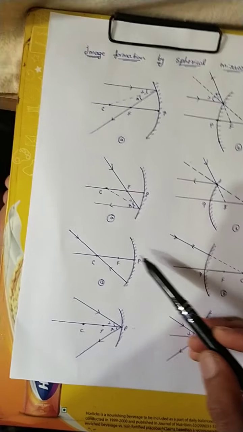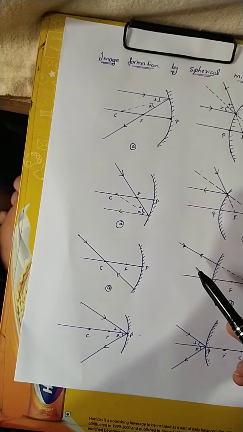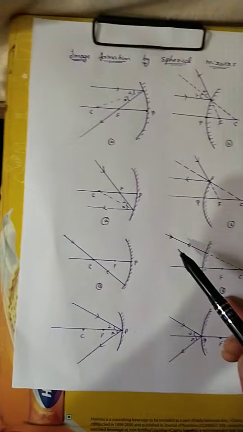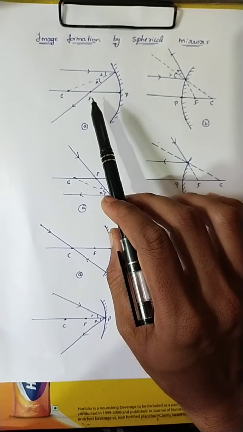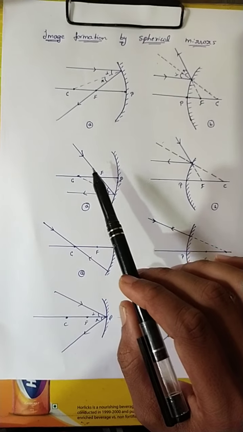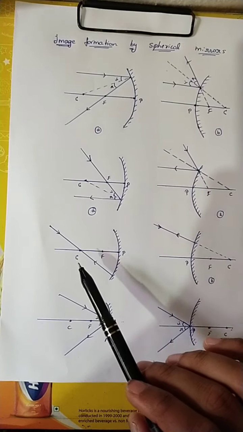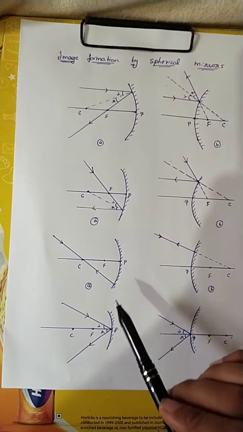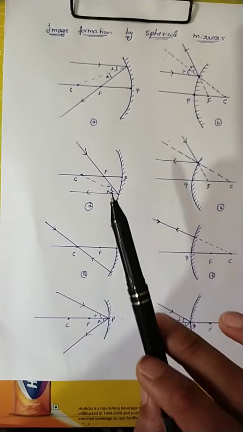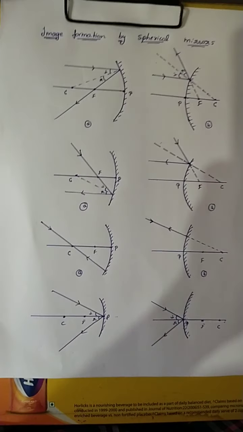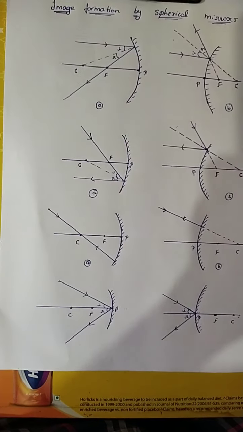So the first one, the incident ray is parallel to the principal axis. Second, the incident ray passes through the principal focus. Third, the incident ray passes through the center of curvature. In the last diagram, we have done the explanation: the ray parallel to the principal axis, through the center of curvature, and through the principal focus.